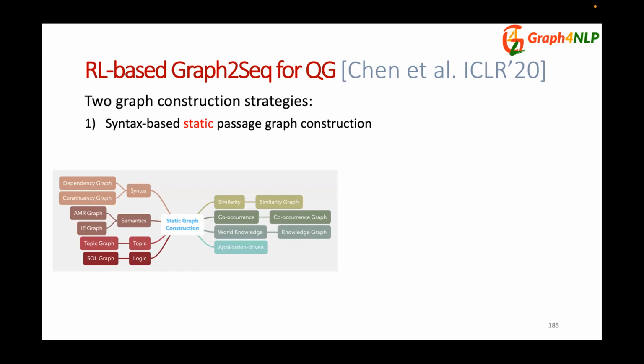And for the dynamic graph construction approach, they build a semantics-aware dynamic graph where node embedding based similarity metric learning and KNN-style sparsification were applied. Since we've already introduced these techniques in the previous part, I will not go into the details about this.